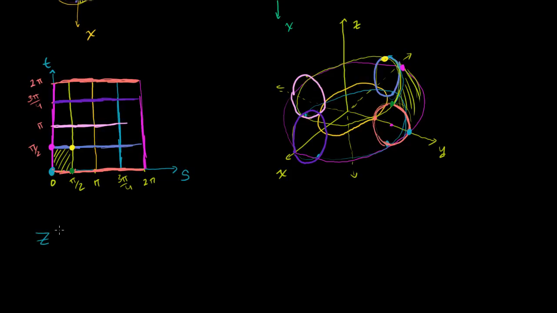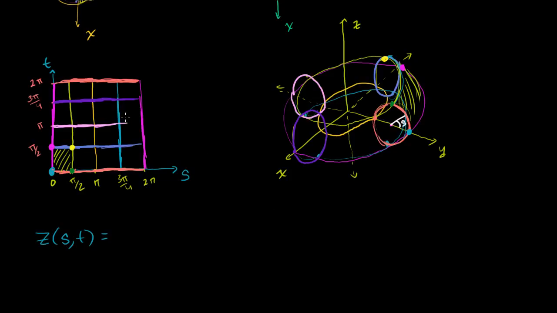So z as a function of s and t is going to equal what? Well, if you take any circle, remember s is the angle between our radius and the xy plane. So I could even draw it over here, in another color. I'm running out of colors. Let's say this is a radius right there. That angle, we said, is s.